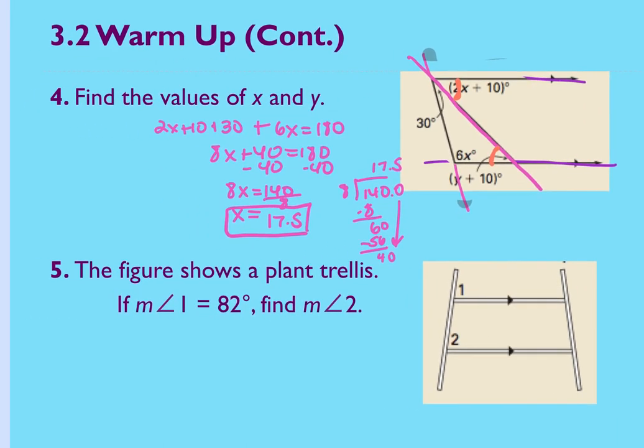So this was 2 times 17.5 plus 10, which is 35 plus 10, or 45. And 45 would equal y plus 10, and then y is 35. So you needed to first get the x in order to get the y.